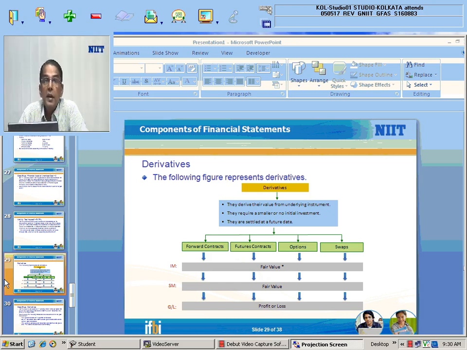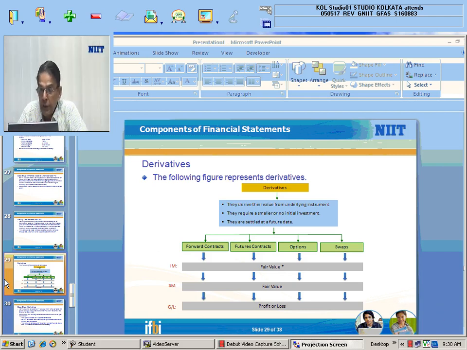Compared to the value of the contract, the initial investment can be zero or it can be very negligible, a small amount. And they are always settled at a future date, over a future period of time. Examples of derivatives are forward contracts, future contracts, options and swaps.